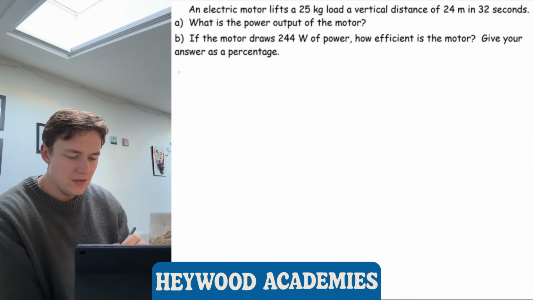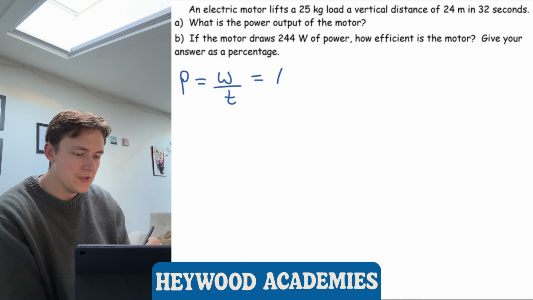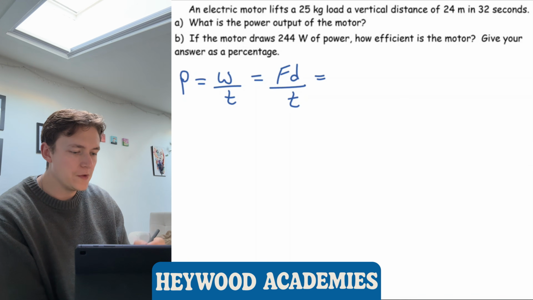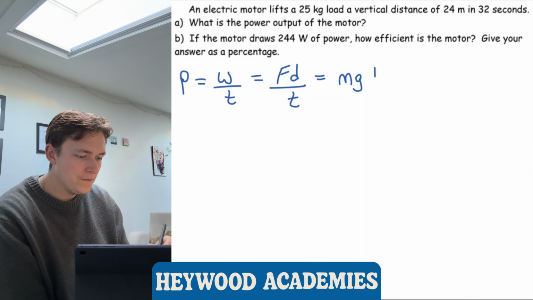Okay, so this is going to be similar to what we just did before. So we're going to say that power is equal to work over time. The work is force times distance over time. The force in this case is the force due to gravity to lift this thing up, and the force due to gravity is mg. So we'll get m times g times distance, all divided by time.